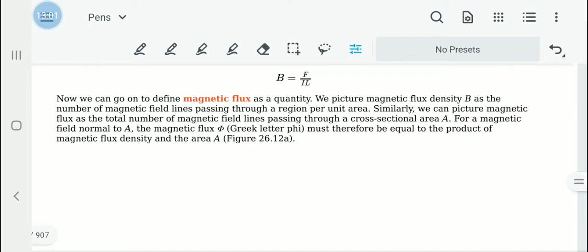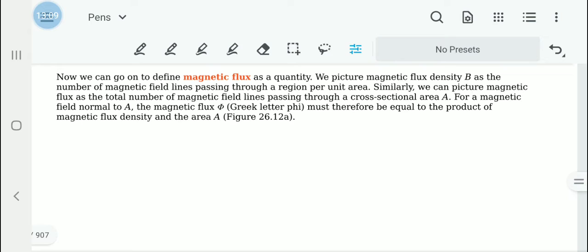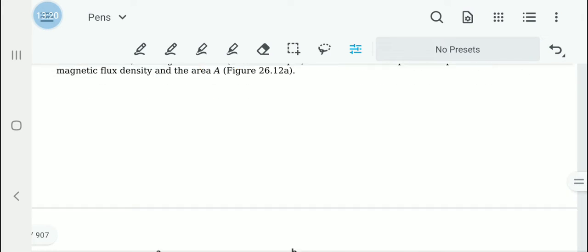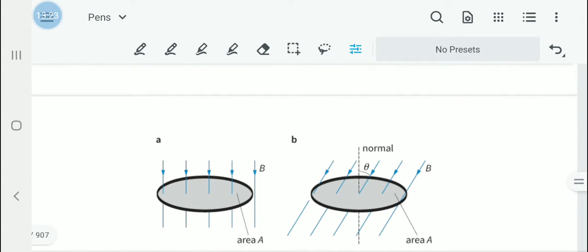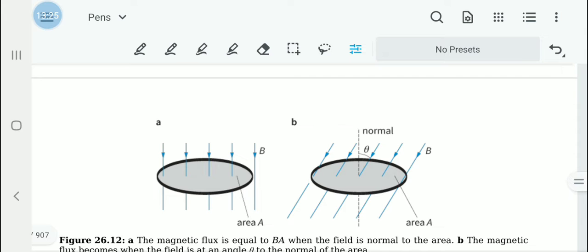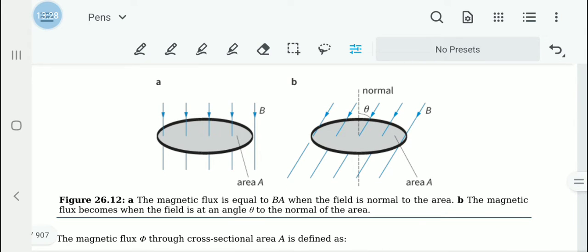The magnetic flux phi is equal to the product of magnetic flux density and area, if the field lines are normal to the area. That is, if the field lines fall at right angles to the area.